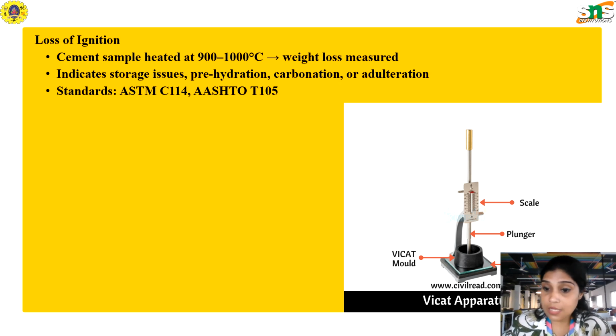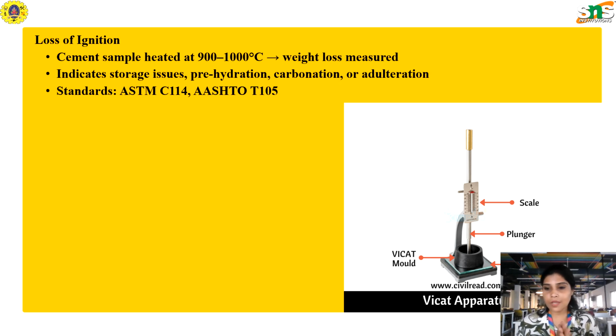Why is this test important? Because it tells us about the cement storage condition and quality. If cement has been stored for too long or improperly exposed to moisture, it undergoes unwanted reactions like prehydration or carbonation. These reactions reduce cement's reactivity and strength.